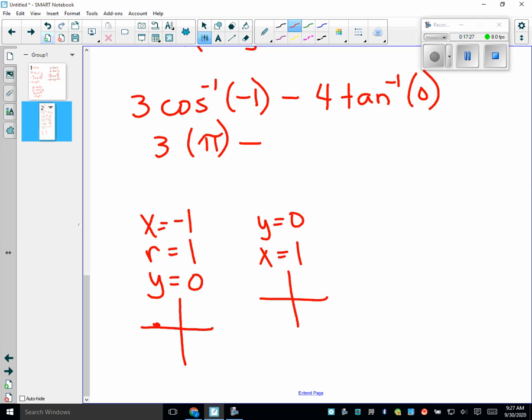Isn't that here? So what is my angle? So -4 times 0. So it's 3 pi. If any of them are 0, is it always just 0? Yes, for these, yes. What is this? 3 pi.